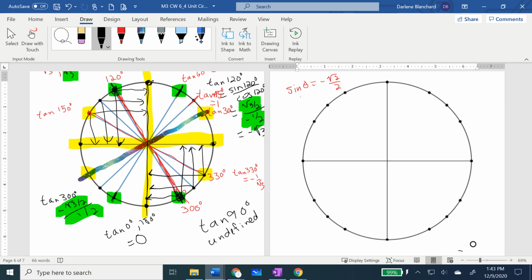If you realize that sine is the y-coordinate, then you're looking at where y is equal to root 2 over 2. And if you look at the three levels, root 2 over 2 is the middle one, and it's negative. That would be if it were positive.